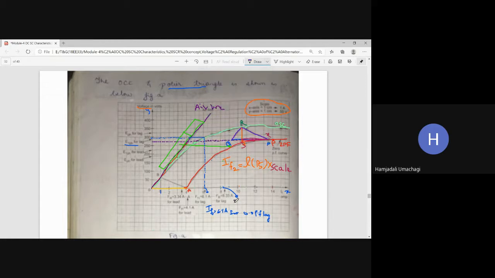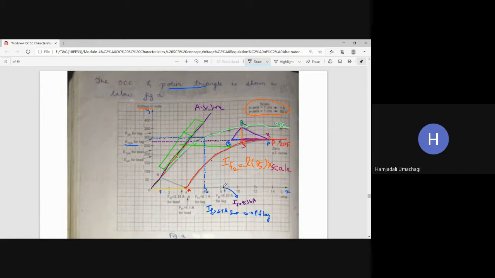For this you write IF equal to 8.33 amps for cos phi equal to 0.8 power factor lag. Just mark this point and highlight IF equal to 8.33 ampere for 0.8 power factor lag.